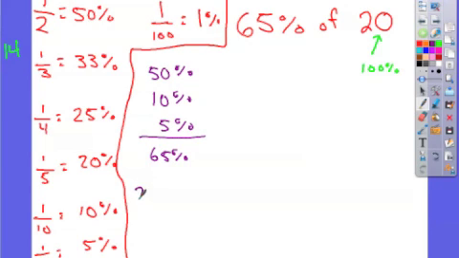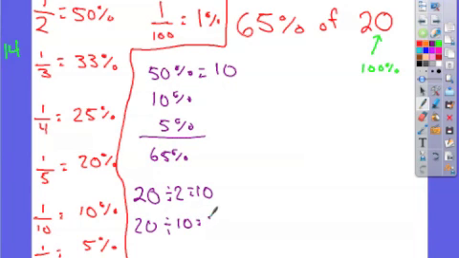If my whole number is 20, that's 100%, and I want to find 50% of it, that's half. So I need to divide it by 2, which would be 10. That's part of it. Now I need to find 10% of it. 10% is 1/10, so I need to divide by 10, and I'm going to get 2.